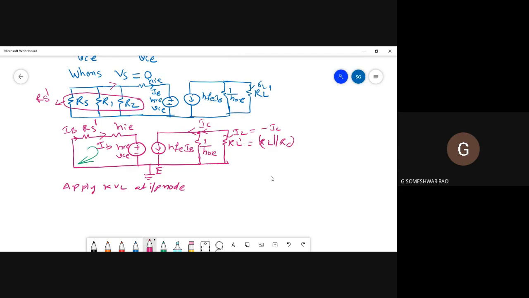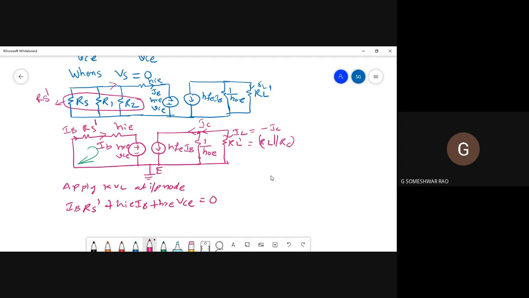If I do so, then IB into RS dash, am I correct? IB into RS dash plus hie into IB plus hre into VCE is equal to 0. That means the voltage across a loop is equal to 0.